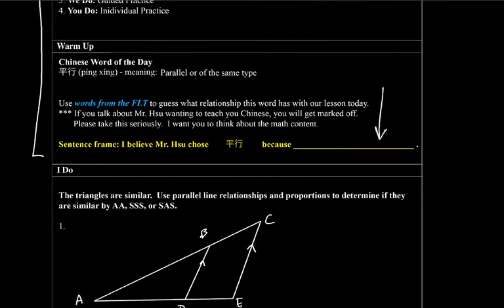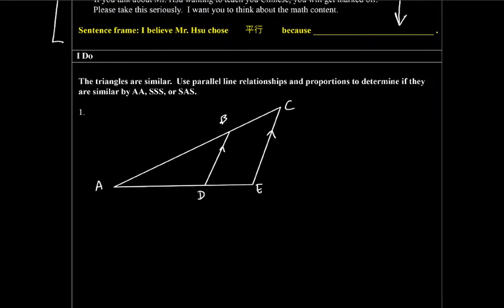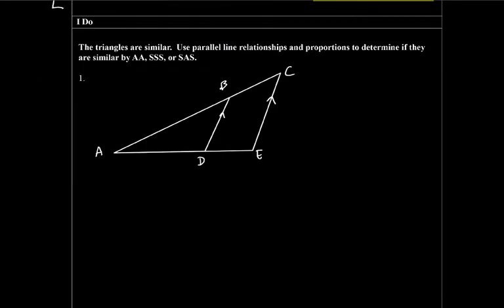Alright, so now let's look over here. Just to remind us a bit, AA, SSS, SAS. AA means angle, angle. So that means two angles are congruent. SSS means side, so we have angles and sides.